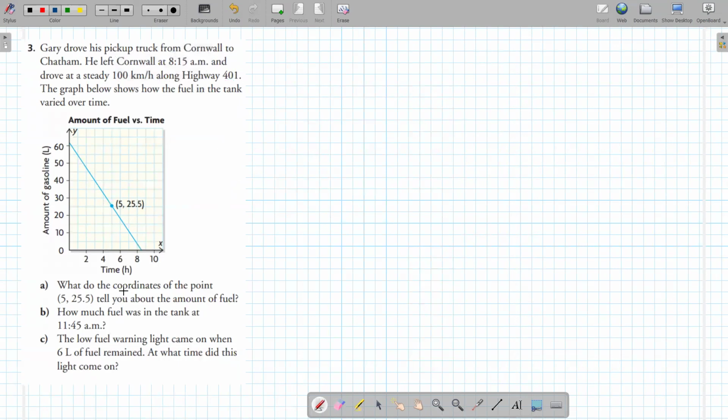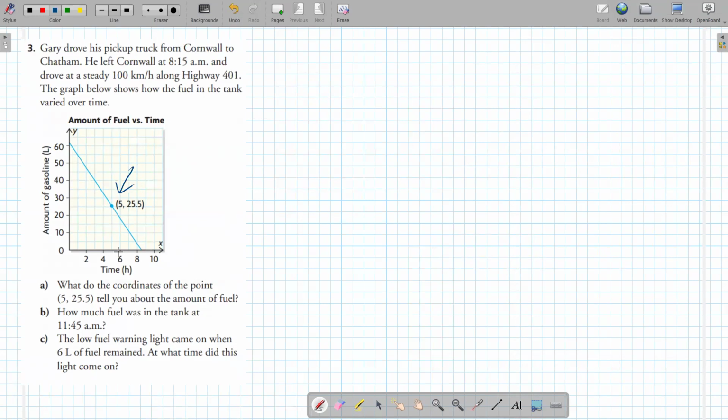What does the coordinate of the point 525.5 tell you about the amount of fuel? So this will be a C problem. C as in C for communication. The question's asking you, what does this point represent within the context of this problem? That's what it means.